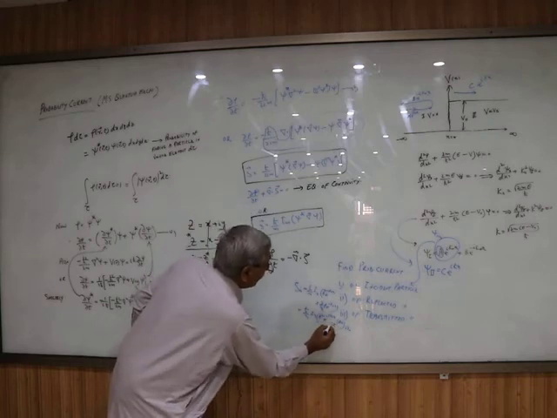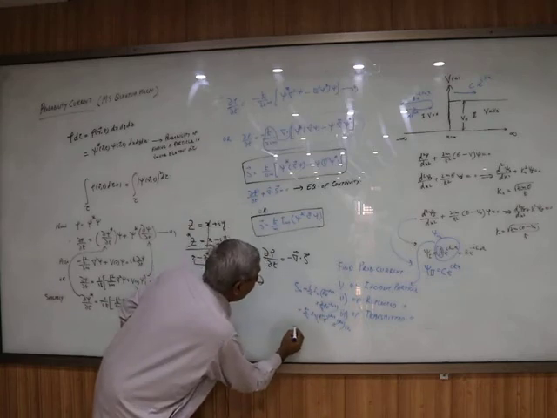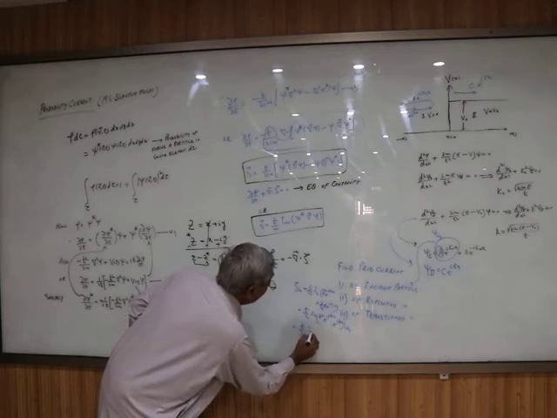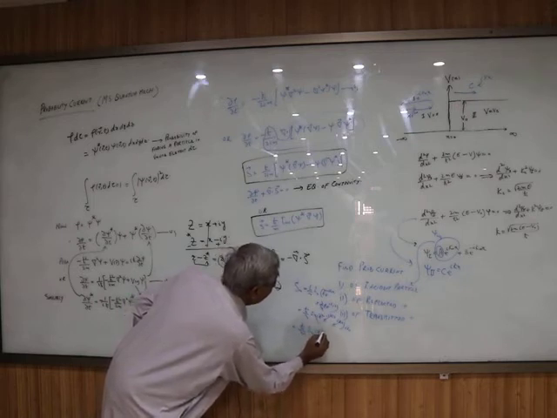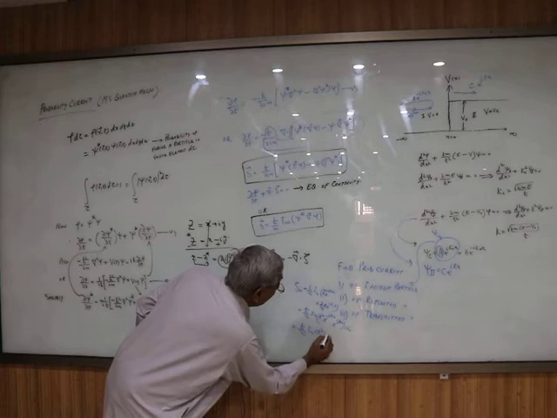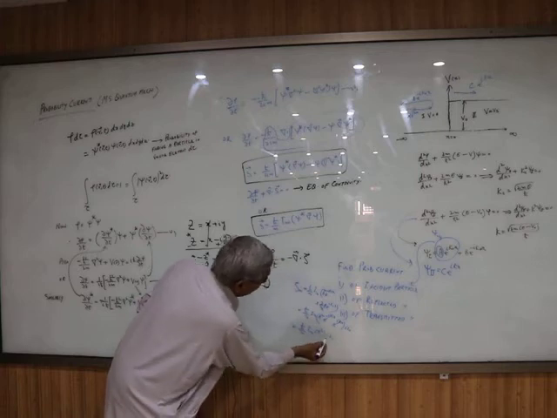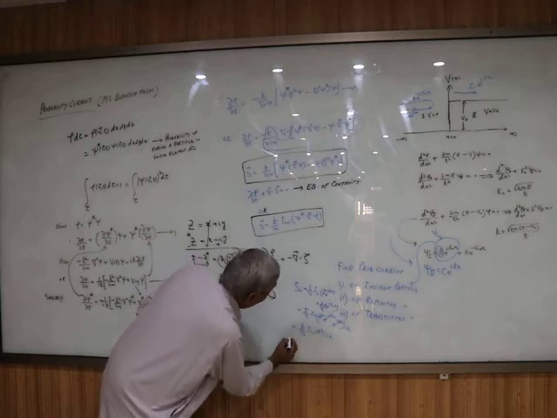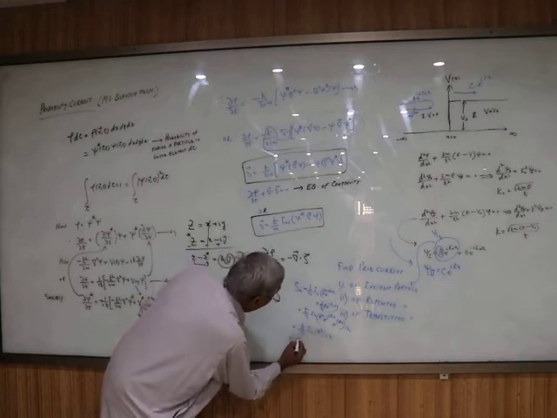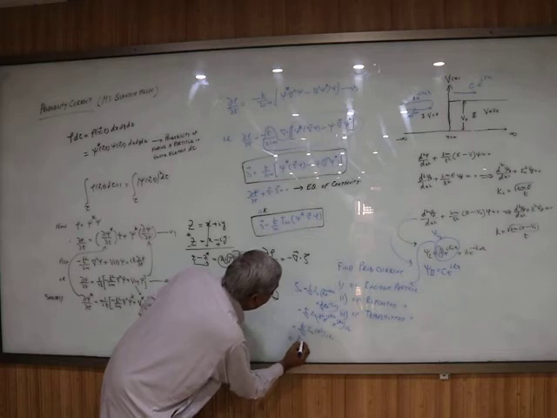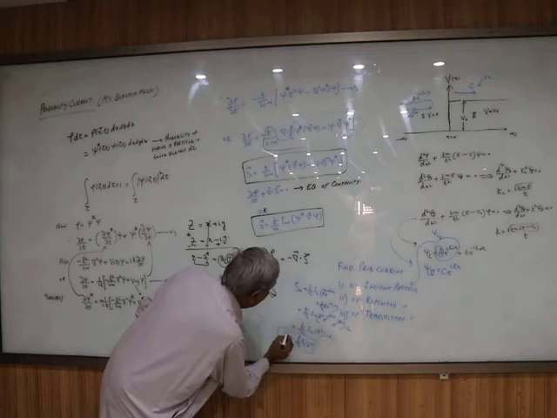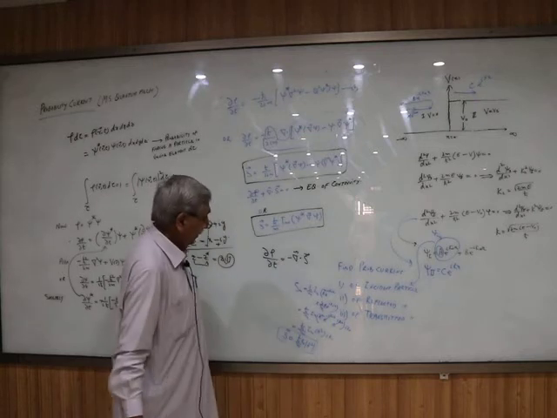Now this will cancel with that one, and you will have h bar over m, imaginary part of A squared i k naught. Since i is there, the answer is h bar over m k naught into A squared. That is your incident probability current.